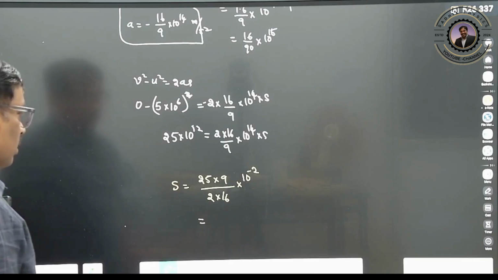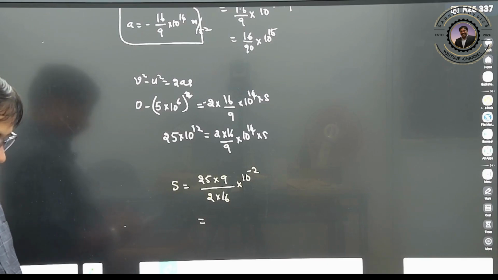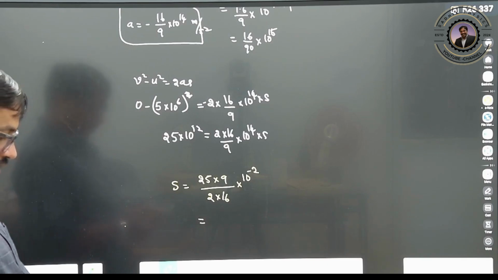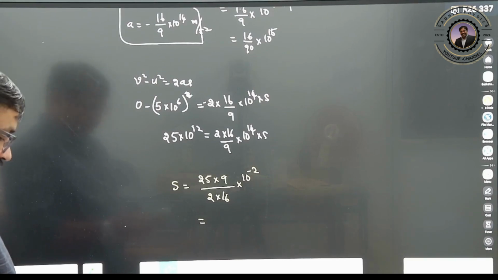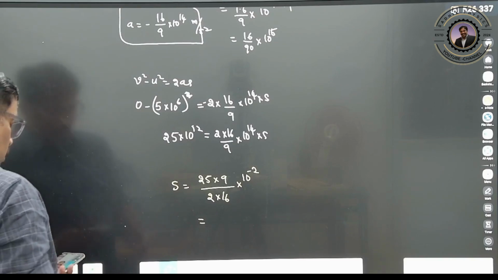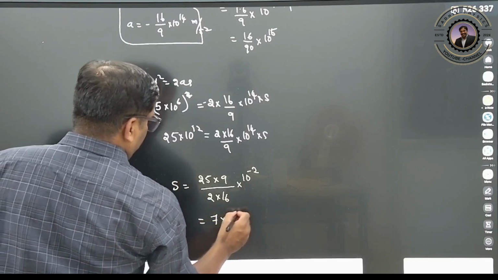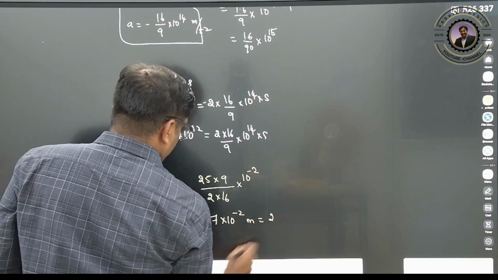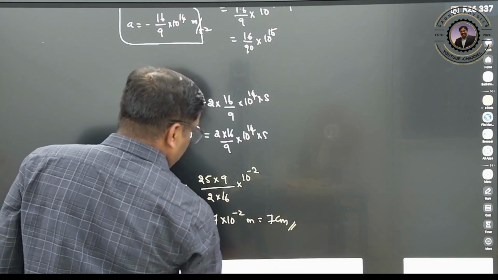So 25 into 9 is 225. So nearly 7 you will get, 7 into 10 to the power of minus 2 meters, or nearly 7 centimeters will be your answer.